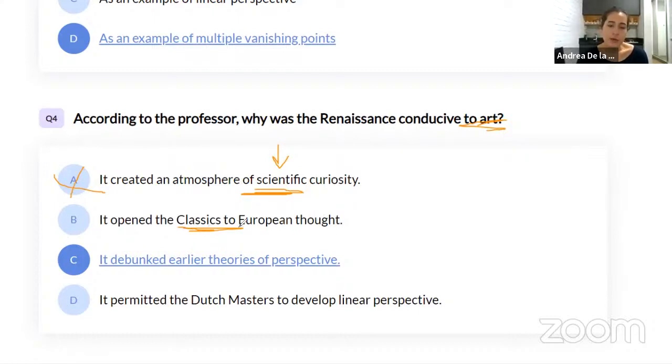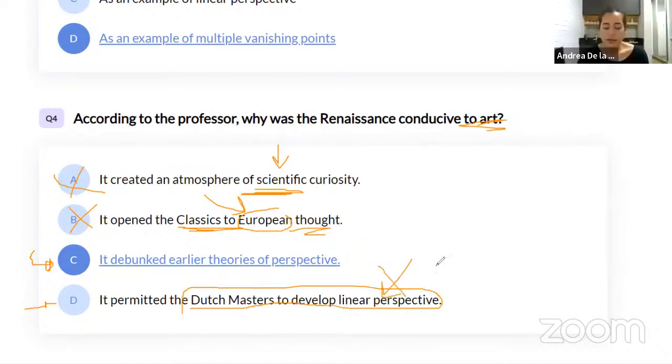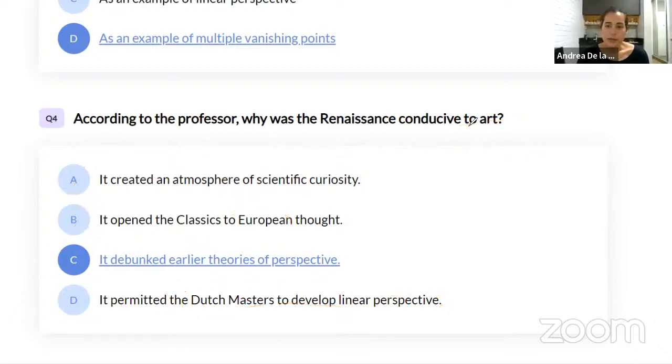I think they do mention European, but obviously everything needs to be related to the topic. Everything is turning around perspective. So I don't think it has to do with European thought. So honestly, just by being logical, C and D are the best options, right? Now the thing about D is I don't think that the Dutch masters were the ones. Correct, right? So yes.